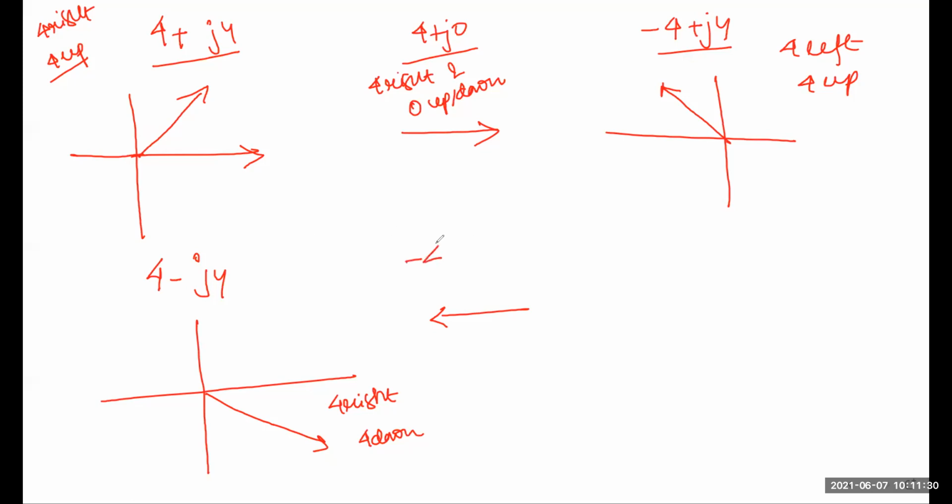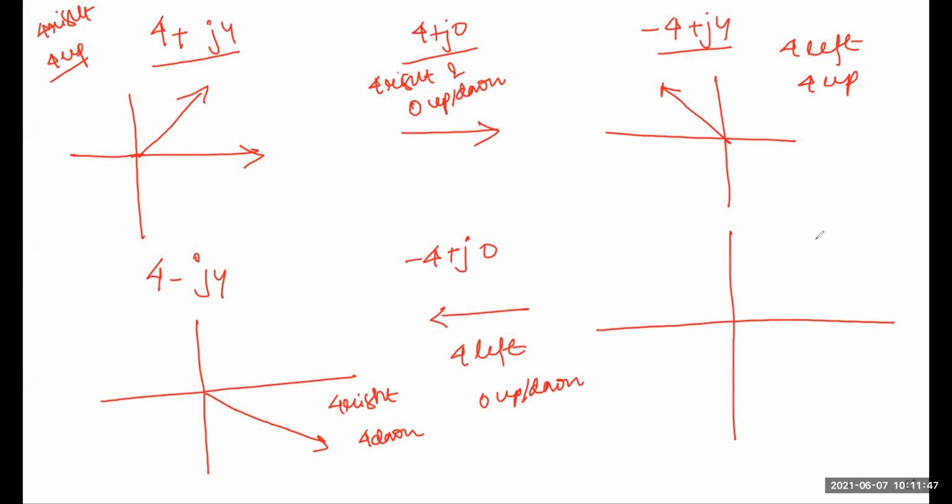Okay, and here in this case, it's minus 4 plus j0. We say it is 4 left and 0 up or down. Only left is the third quadrant. So for this I will take minus 4 minus j4, and here in this case I will take this quadrant. And this I will say 4 left and 4 down.